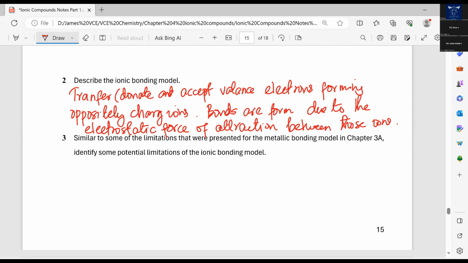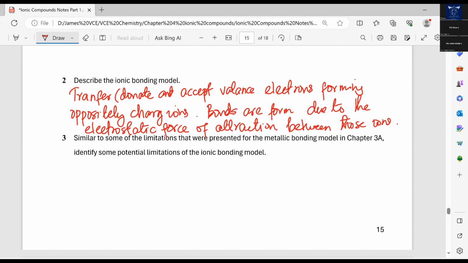So in the ionic bonding model, what are the possible limitations? This model only tells you that they form an electrostatic force of attraction, but it does not mention anything about a three-dimensional regular arrangement. It does not explain how those ions are arranged in three-dimensional space.